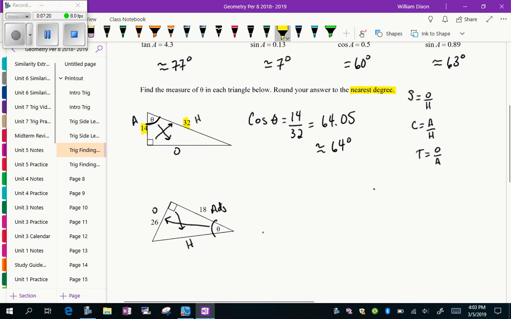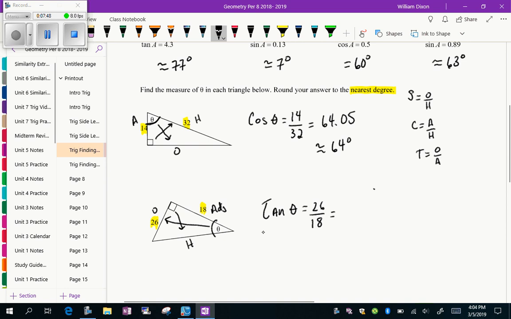I'm given my opposite and my adjacent. I look over at the side and see which trig ratio deals with opposite and adjacent, and it's going to be tangent. So I'm going to set up tan of theta equals my opposite, 26, over my adjacent, 18.